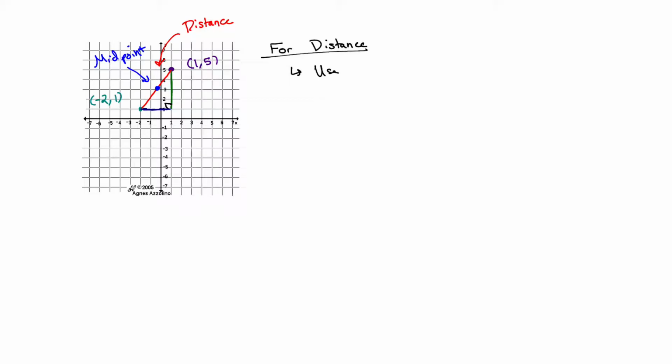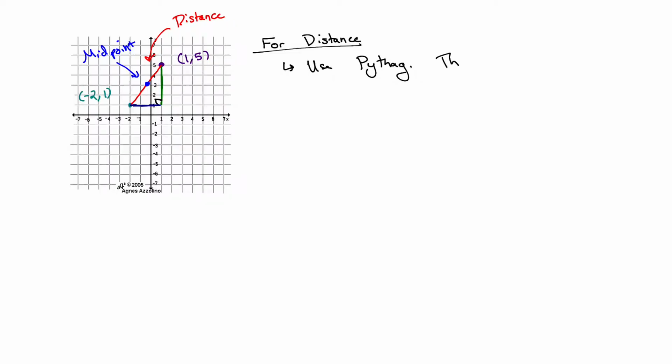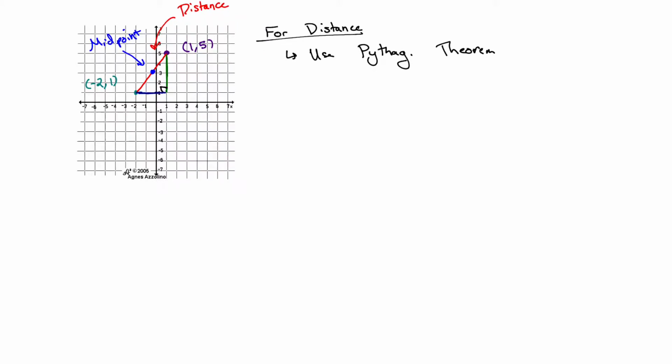Use the Pythagorean theorem, which, if you remember, is a squared plus b squared equals c squared. That's the general way we usually call it, where a and b are the legs and c is the hypotenuse. It's very important as a reminder that a squared plus b squared, the legs squared, equals the hypotenuse squared.